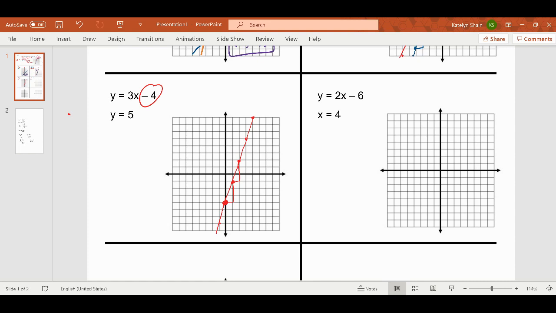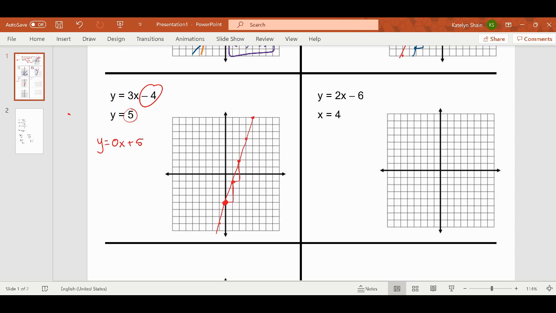All right, now what about this y equals 5? So here we have a y-intercept, right? I have that number without the x, but I don't have a number in front of the x. Okay, so this is saying that basically, I have a line at 5 on my y-axis. So really, this would be y equals 0x plus 5.